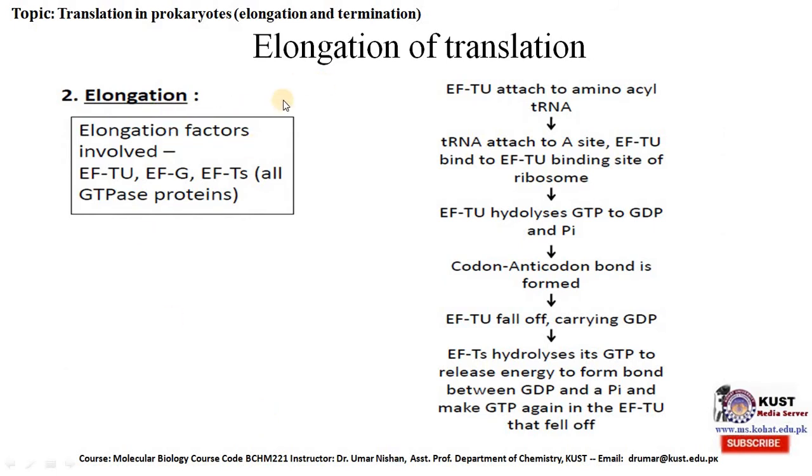Now another look at how the process of elongation of translation takes place. The elongation factors that are involved are elongation factor Tu, elongation factor G, and elongation factor Ts, all GTPase proteins.